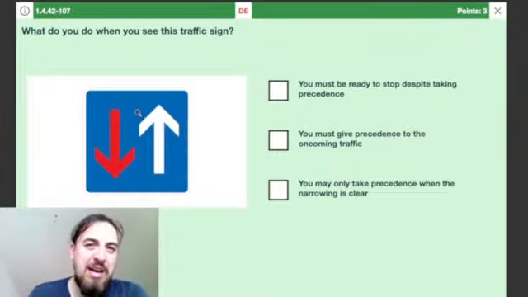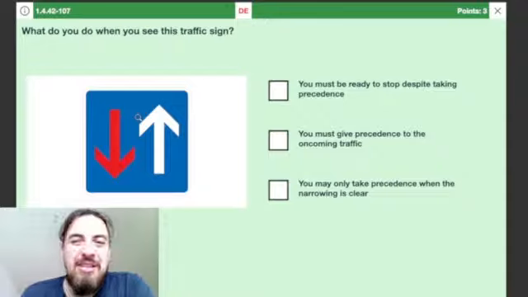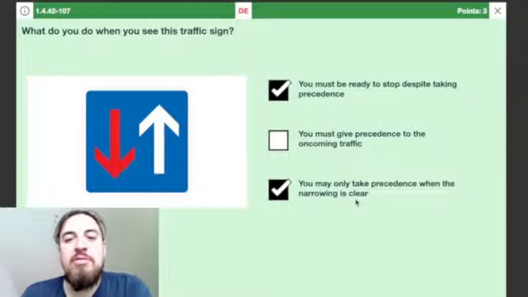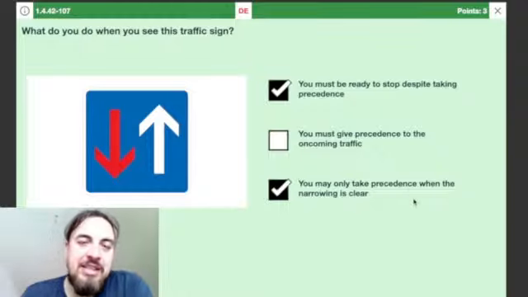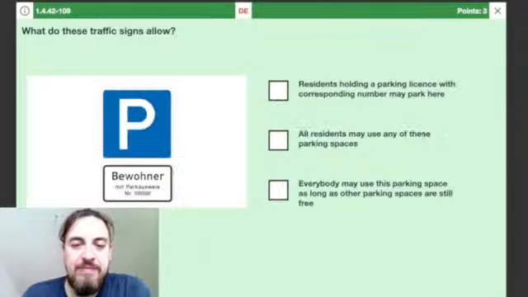However, if the oncoming traffic is already in the narrow part, you have to wait and let him go first, and then you're allowed to go. So even if you have priority, you must be ready to stop. That's why the first answer is correct. The second is not correct because actually you have priority. However, if there's someone there, you only take the precedence when the narrowing is clear, obviously. All right, the first and the last are correct.